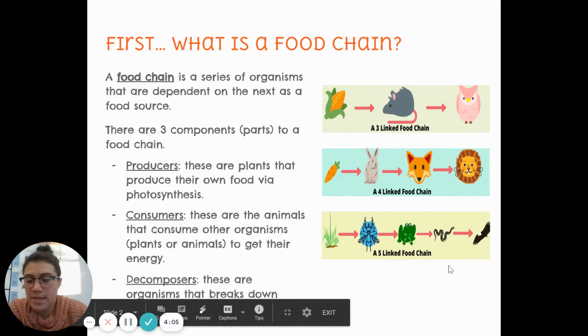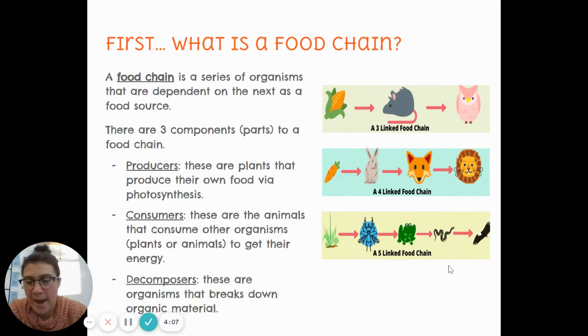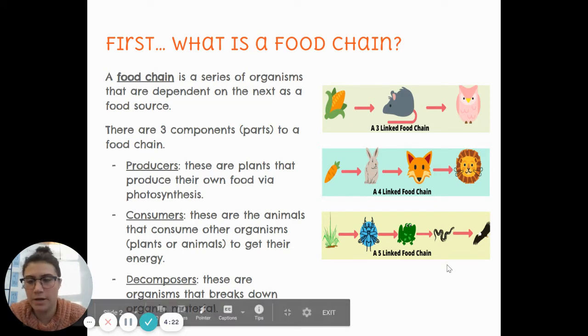These are organisms that break down organic matter or material. Those are going to be like our earthworms or our fungus that break down usually dead things or other plants, stuff like that. So we've got our consumers, the things that consume, and then the decomposers, which break down other materials. So those are our 3.